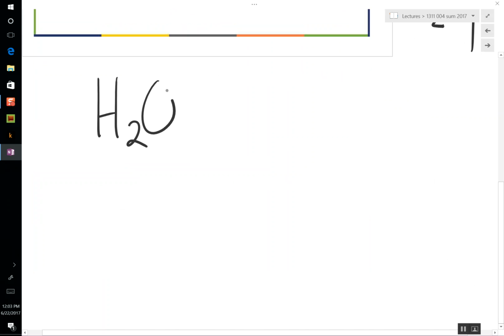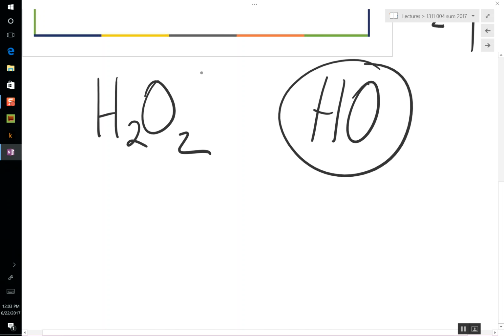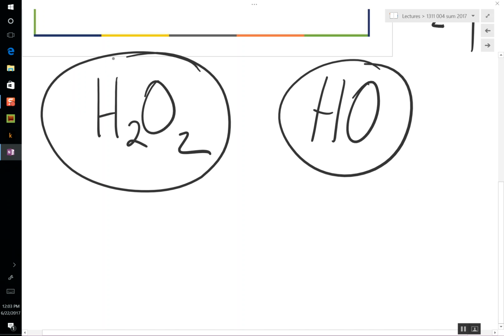Hydrogen peroxide, that's its molecular formula. Its empirical formula is that. But that's not a molecule of hydrogen peroxide. That is. That's a molecule of hydrogen peroxide. Empirical.